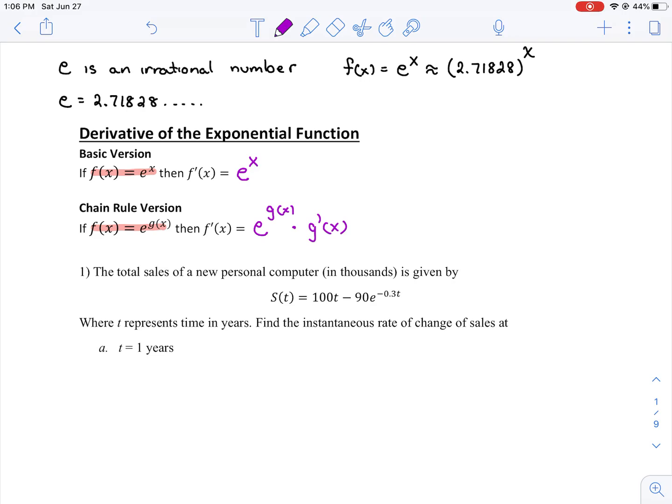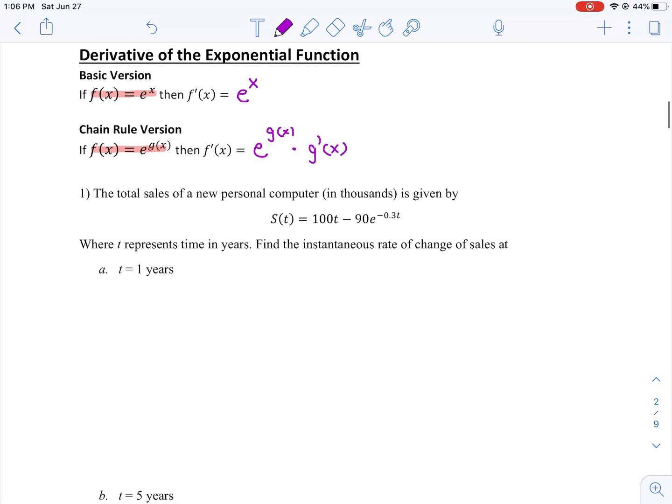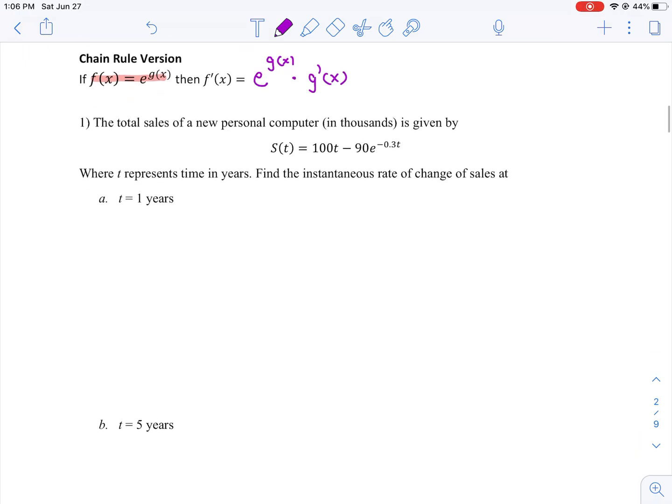Now let's go ahead and answer the following question using our brand new rules. It says the total sales of a new personal computer in thousands is given by S of t, where t represents time in years. Find the instantaneous rate of change of sales at t equal to 1 year and t equal to 5 years.